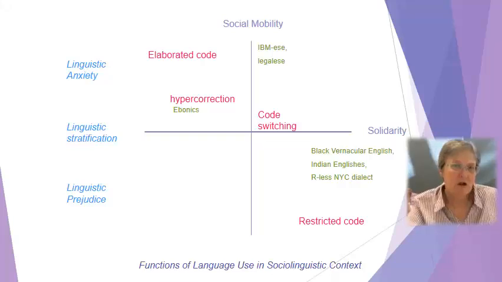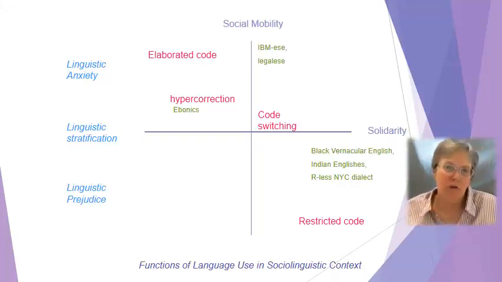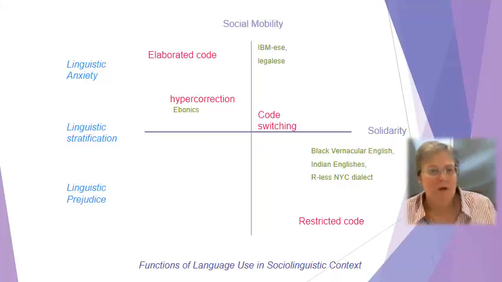All right, so here's a nice overview chart that I've developed to show how the use of language reflects social differences anywhere. For example, there are two dimensions of how we use language. Language functions in two ways for us socially.